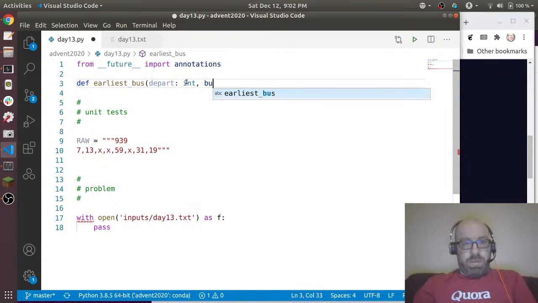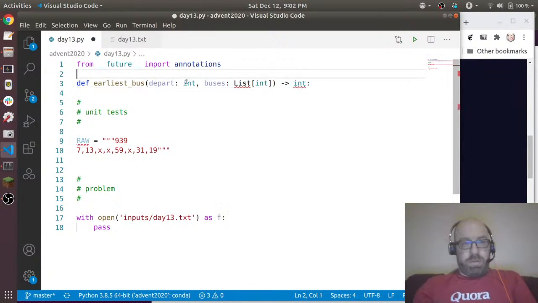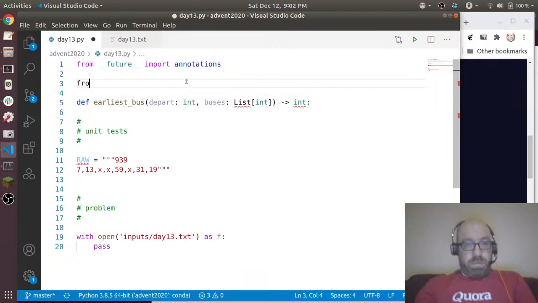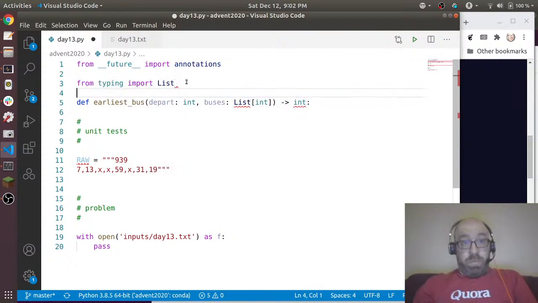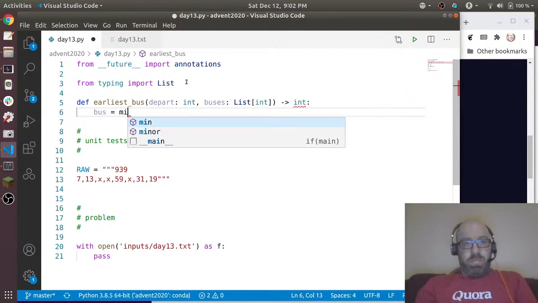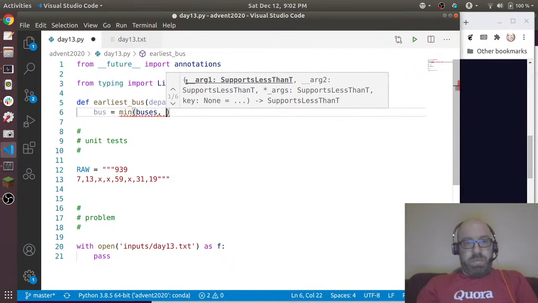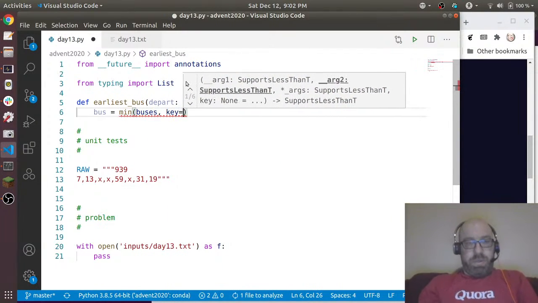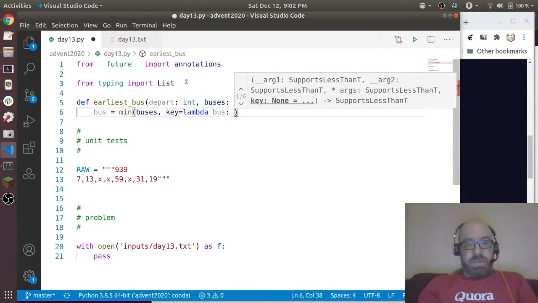Depart int, buses is a list of int, and that's going to return an int. Okay, so from typing import List, and bus equals, I want to choose the smallest bus equals min of buses, key equals lambda bus.